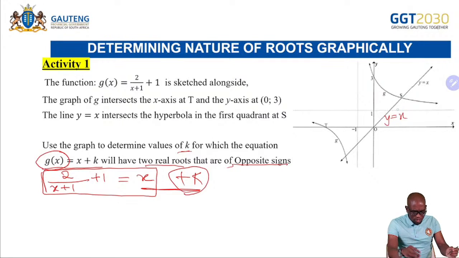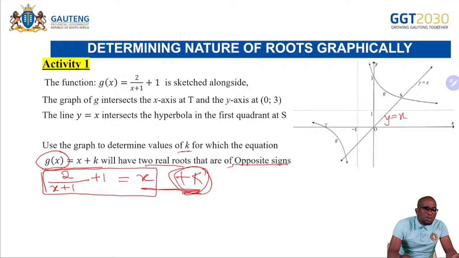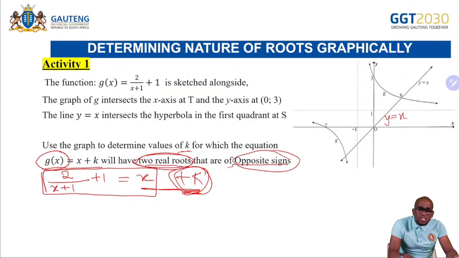What we need to check here is that this k is actually also representing the y-intercept of this line. So they are saying to you, in essence, what should the y-intercept of the straight line be for this straight line to touch the graph on two x values that are opposite in sign.